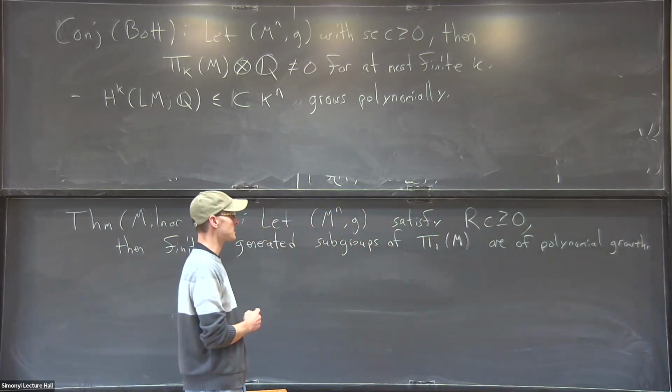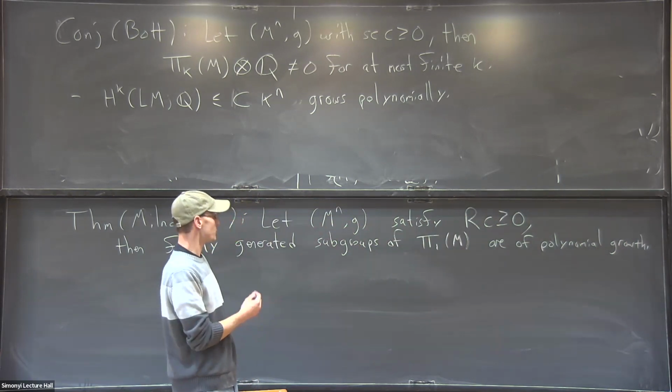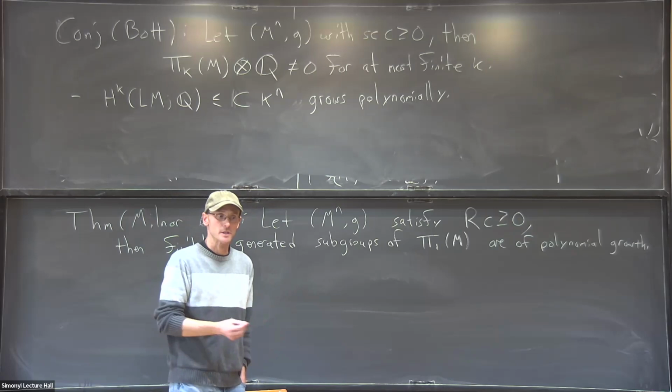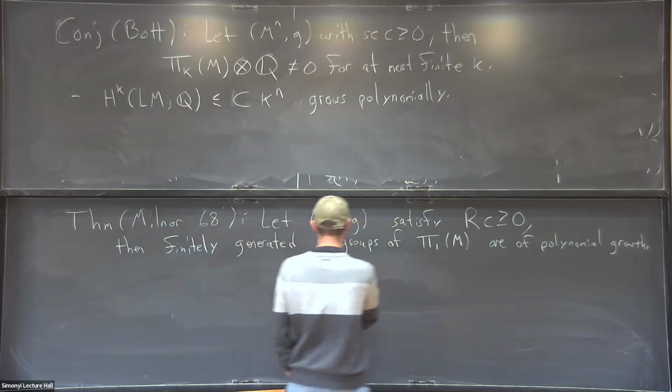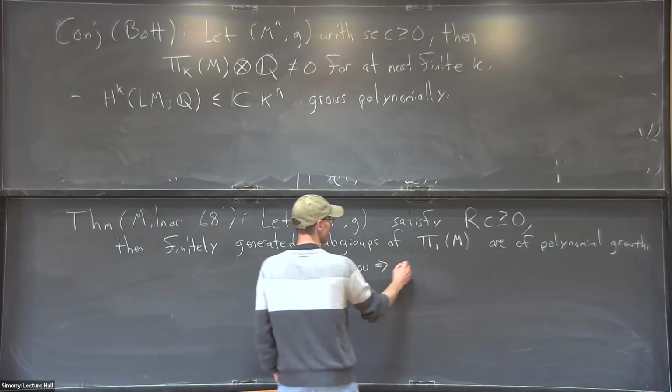Instead of telling you what that means precisely, I'll say that a few years later, Gromov proved that groups of polynomial growth are almost nilpotent. So if you add Gromov, this implies almost nilpotent.